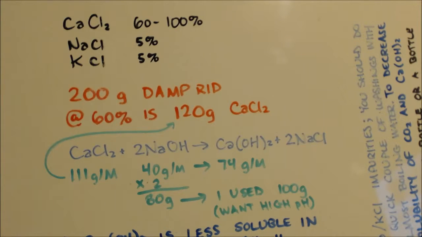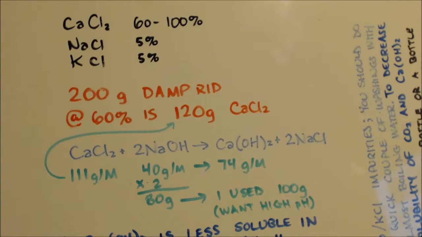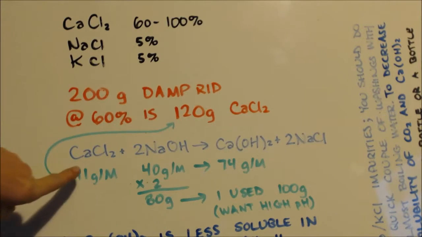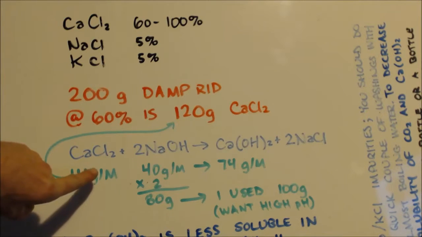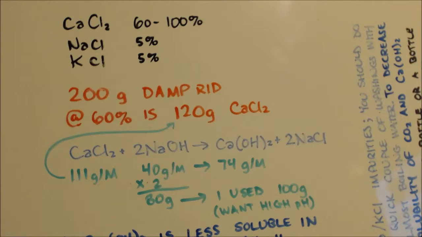So we're going to go by 60%, which would be 120 grams of the 200 would be calcium chloride. According to our stoichiometry, we're going to need twice as much sodium hydroxide. Now, 111 grams is a mole of this, and we're saying there's 120 grams in there, that's a mole and 10% of a mole.